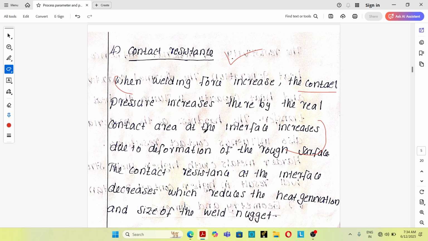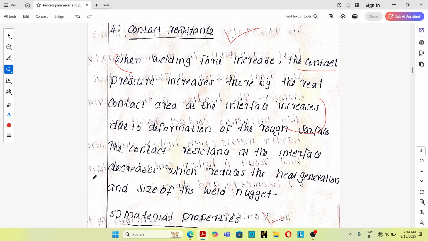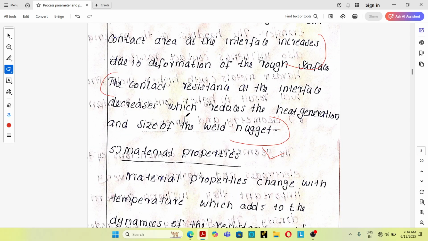Thereby the contact area at the interface also increases. Okay. Then the contact resistance at the interface decreases, which reduces the heat generation and size of the weld nugget. So that's the effect of the contact resistance in resistance welding process.